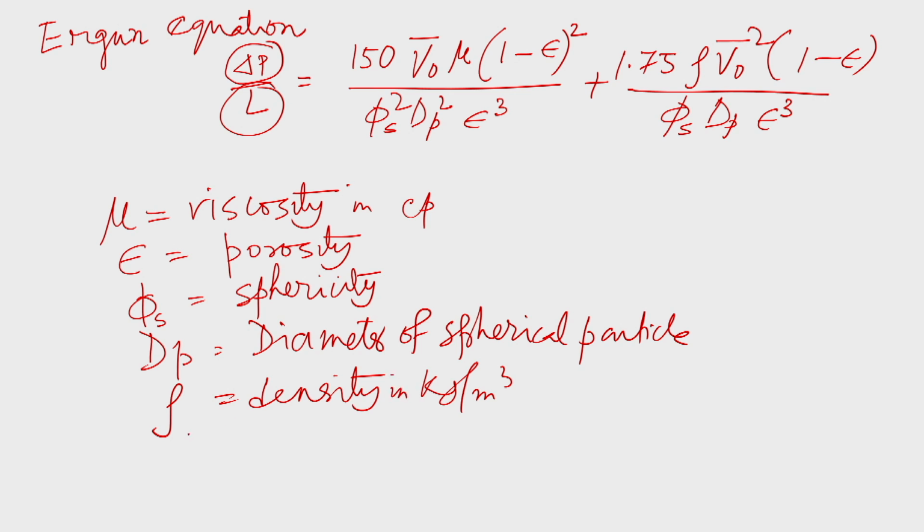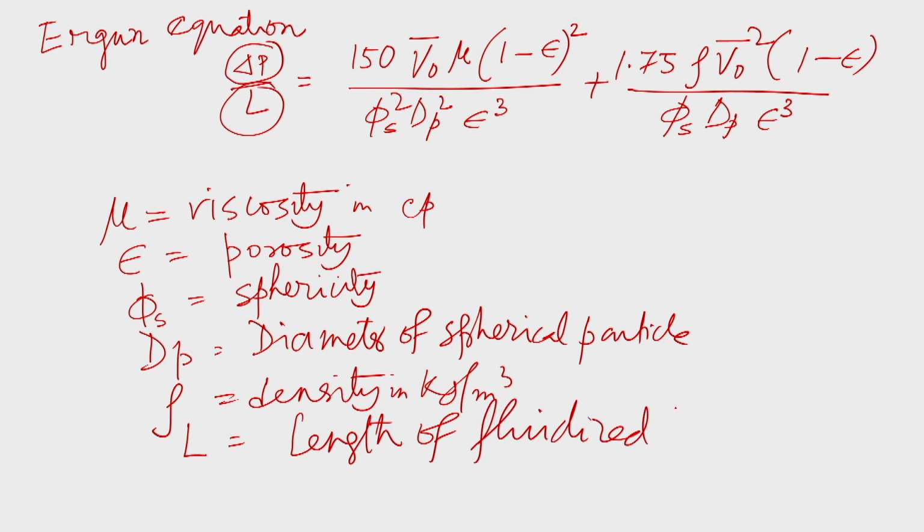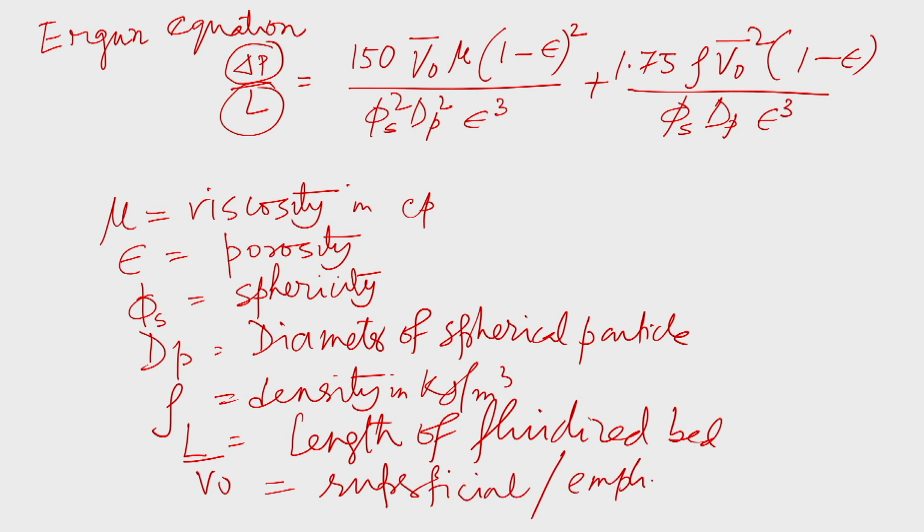Then L is the length of the fluidized bed, and V0 bar is the superficial or empty tower velocity, in meter per second.